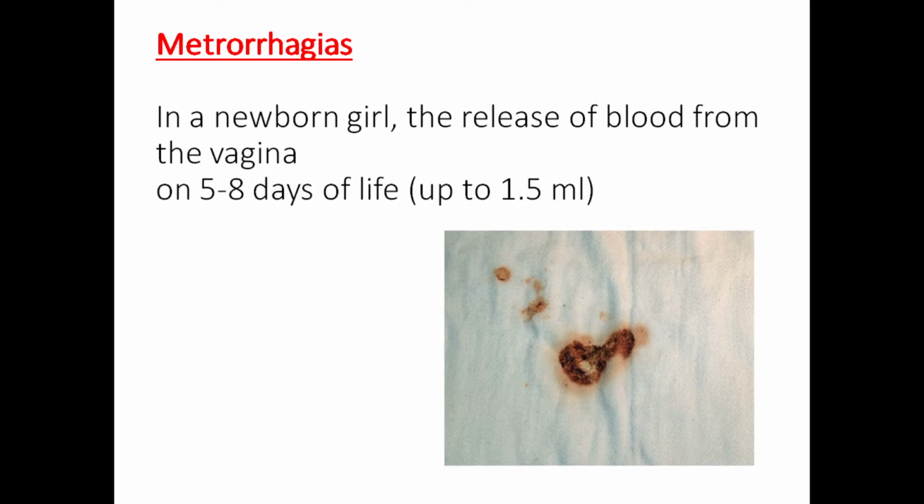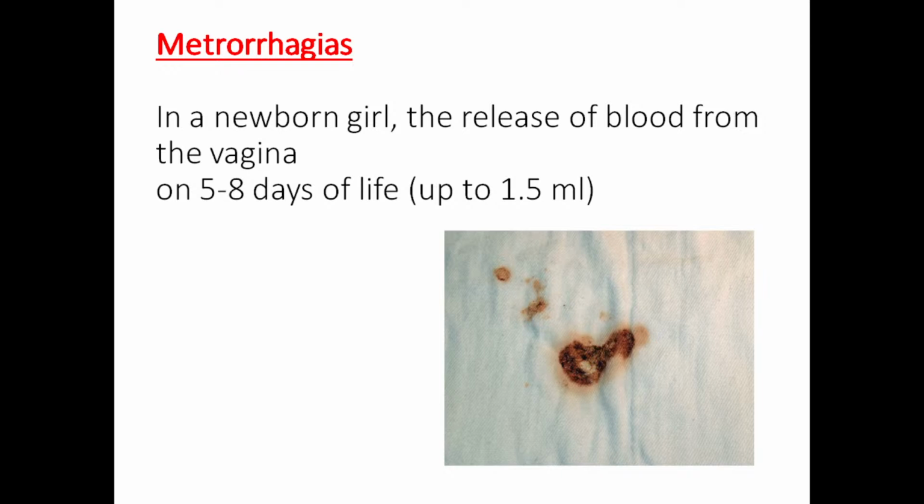Metrorrhagia. In a newborn girl, the release of blood from the vagina is a normal condition, and the reason for this condition is the transfer of mom's hormones into the blood circulation during pregnancy, and also some hormones postpartum with mom's breast milk.